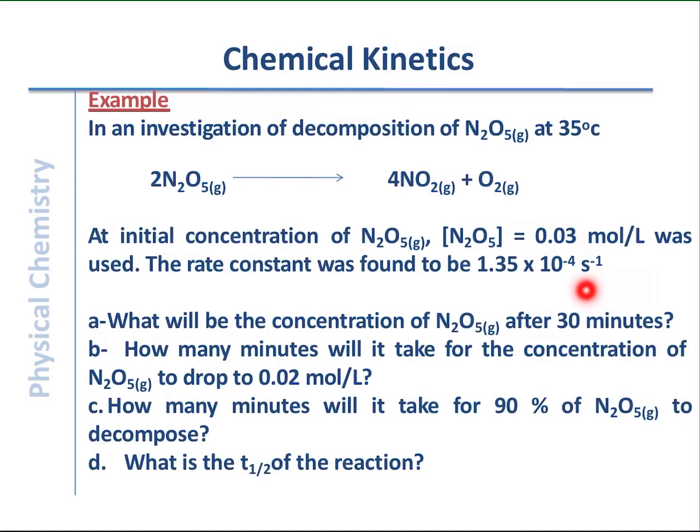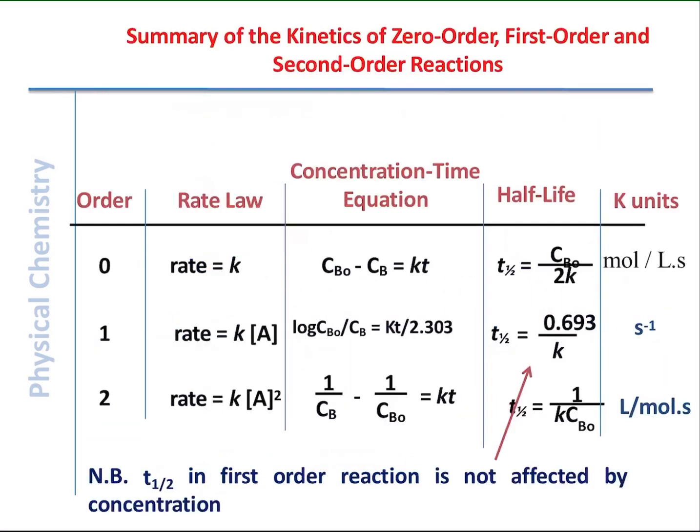This unit has a meaning. When the rate constant unit is second minus 1, this table is very important, so the reaction order is 1. This reaction is a first order reaction.